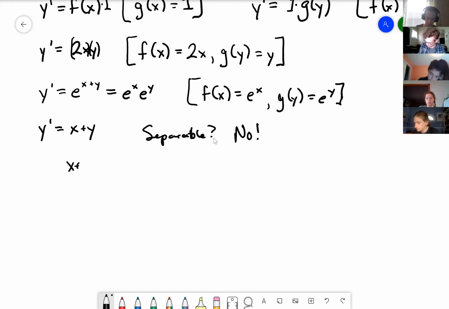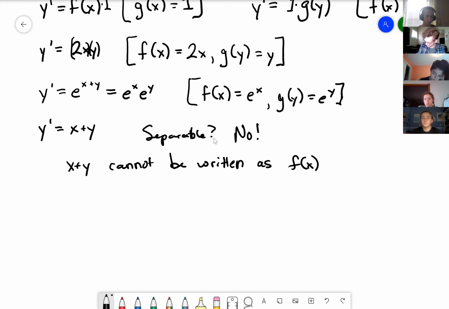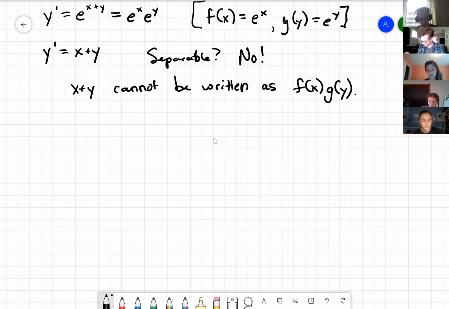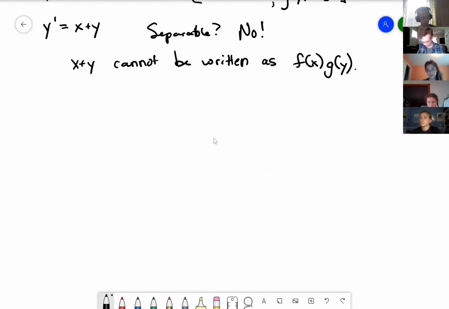So x plus y cannot be written as some function of x times some function of y. Okay, so this is an example of a first order ODE that is not separable. So unfortunately, this doesn't work for everything.